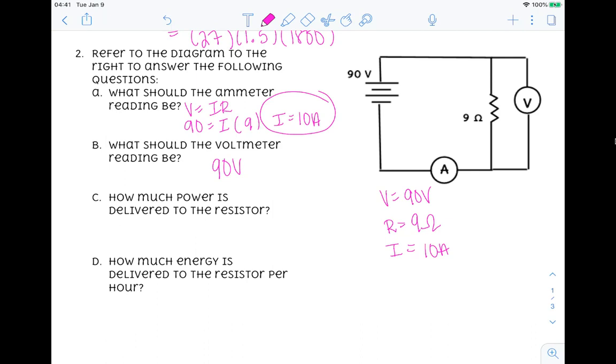Let's use a different formula for this one this time, and let's try P equals V squared divided by R. Again, you can use any formula you choose. We end up with 90 squared divided by 9. If done correctly, we should end up with 900 watts.